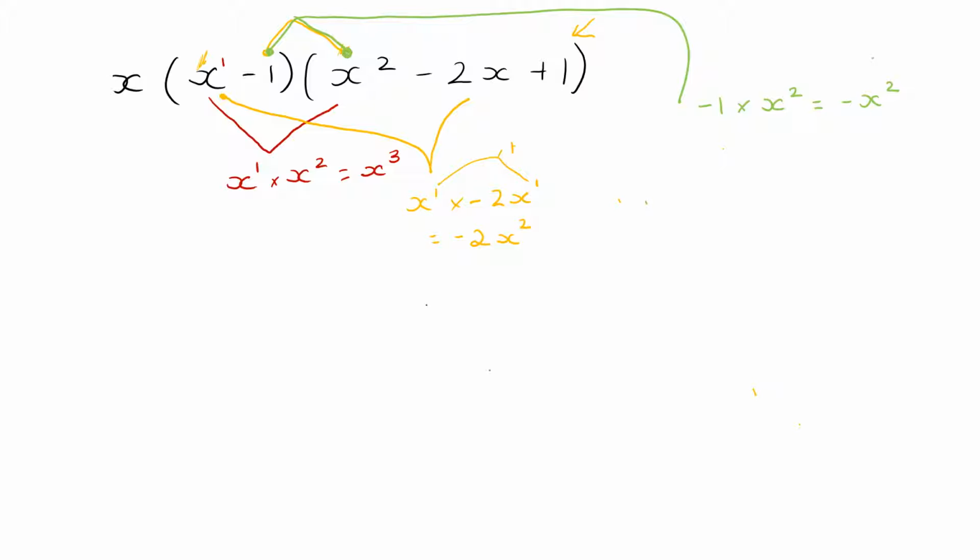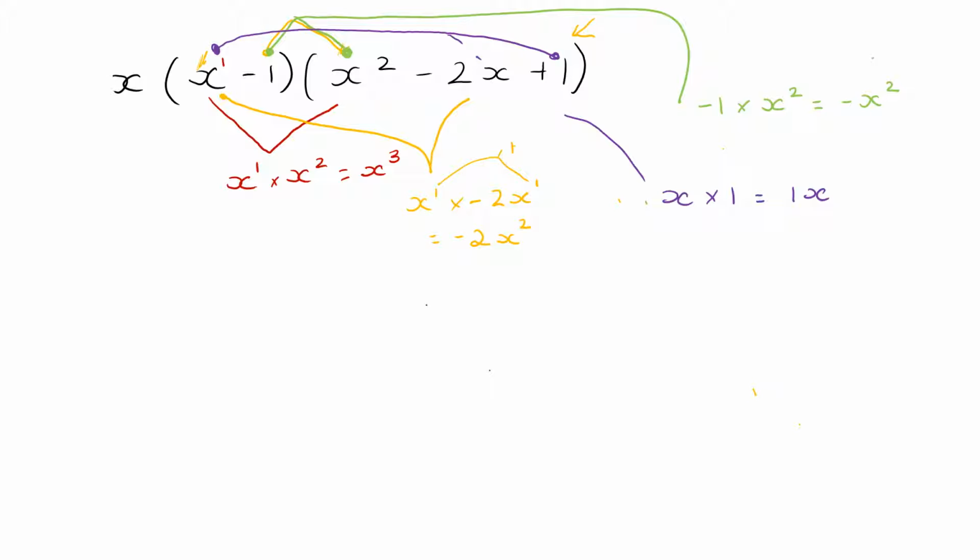Okay? And then I'll do this one in purple. This x here hasn't again done anything with this plus 1. So I'll draw that line in purple over here. So x times 1 equals 1x.